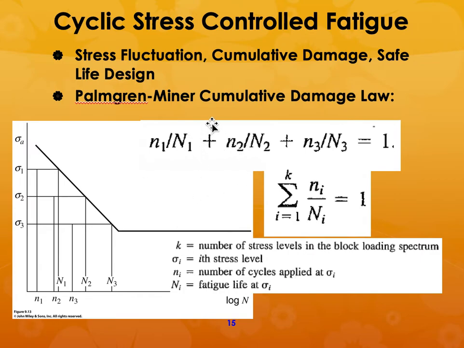If you know Ni, a particular number of cycles at sigma i, you have a summation that you can use, with the understanding that the summation should be equal to 1. From that you can calculate the number of cycles at each stress level.